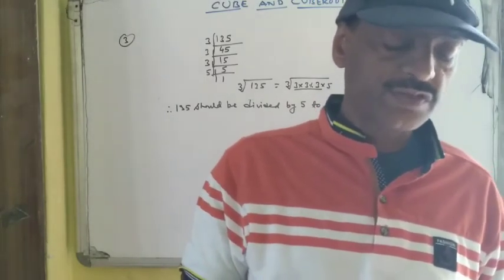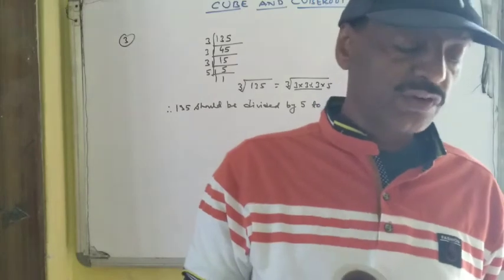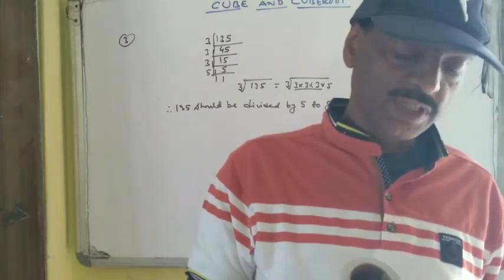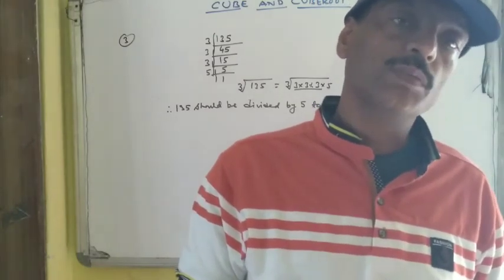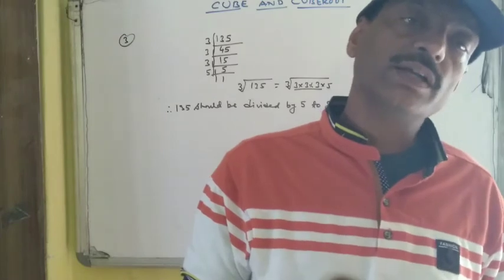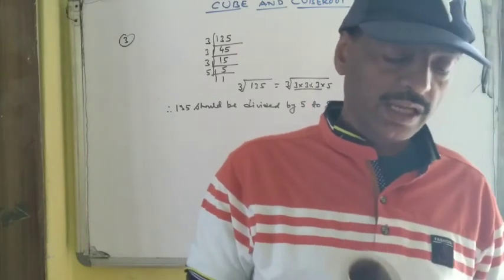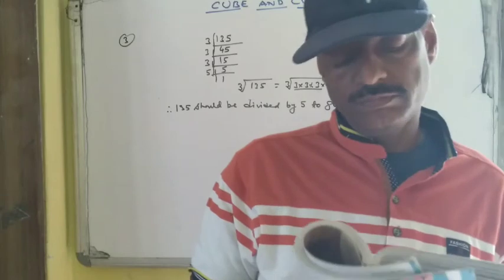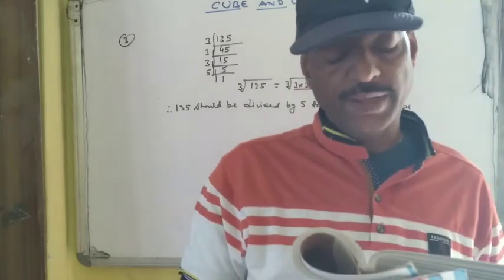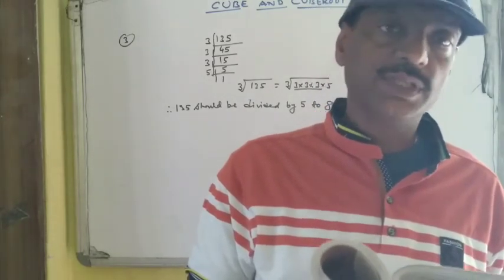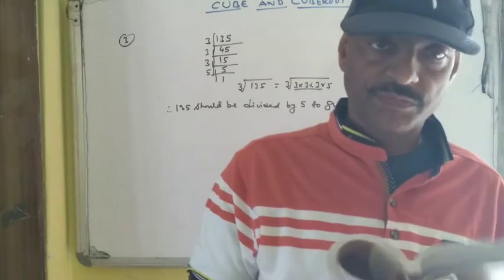The dimensions of the cuboid are 5, 2 and 5, but from this cuboid we have to make a cube. So what do we require? Just keep in your mind that we have to make cubes of the same number. Just see how we can get it.